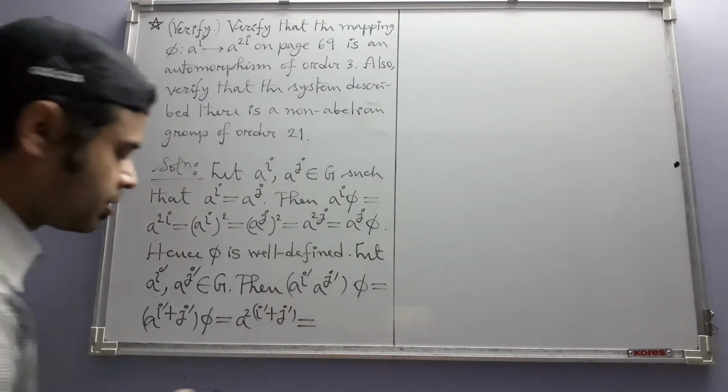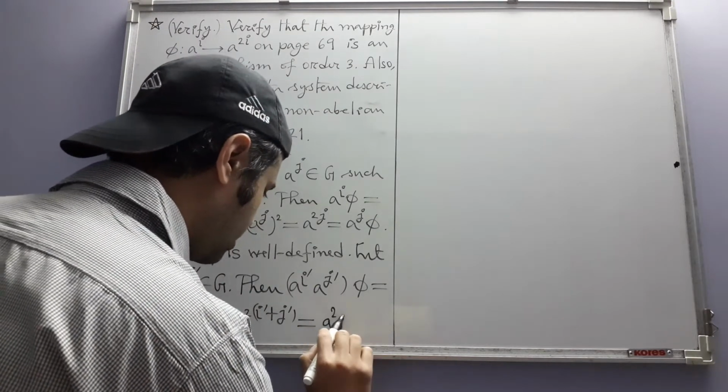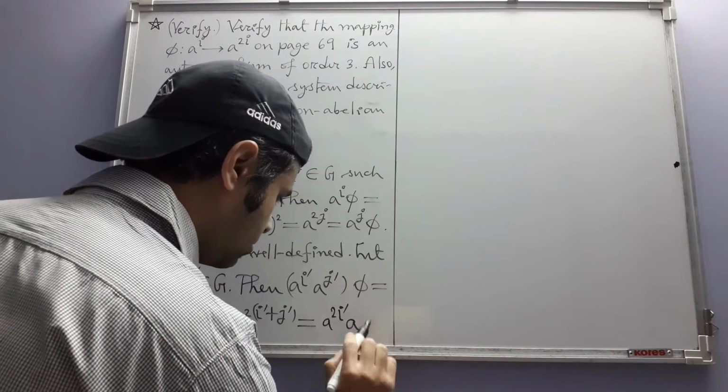Again, you use the rules of exponent and you can write this thing as this product.